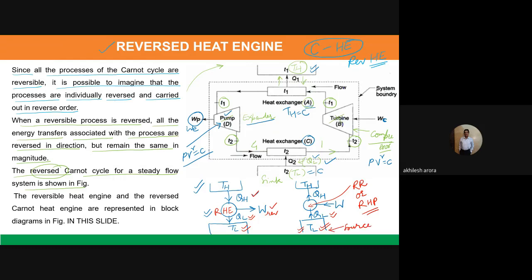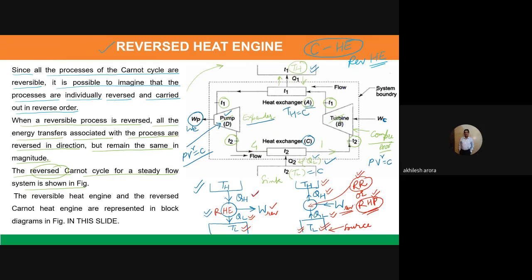In case of refrigerator and heat pump, the low temperature is actually the source because we are taking out heat from it, and then we are supplying the reversible work into this device, which could be either a reversible refrigerator or a reversible heat pump. So reversible refrigerator is denoted as RR, and reversible heat pump is denoted as RHP. And then this QH amount of heat is thrown to the high temperature reservoir at temperature TH.